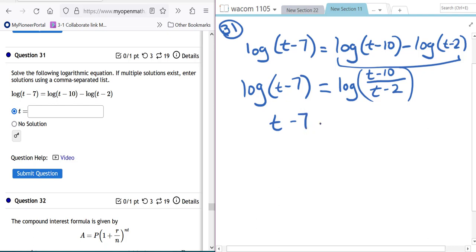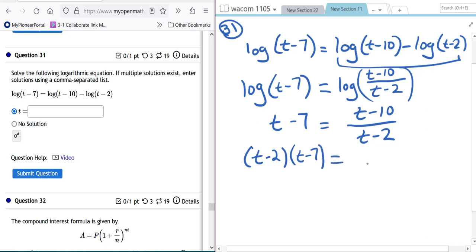So t minus 7 equals (t minus 10) over (t minus 2). So we will multiply on both sides by t minus 2 to clear the fraction. On the right-hand side, it's going to cancel that piece. All right, so you have a FOIL on the left.